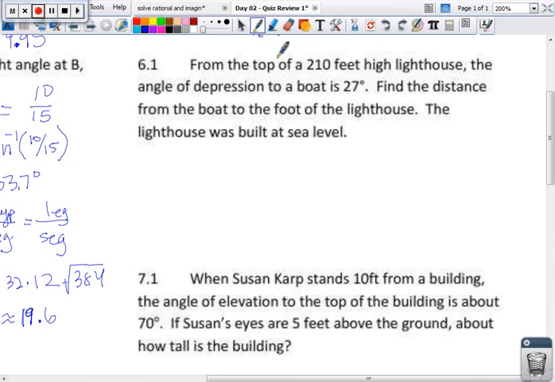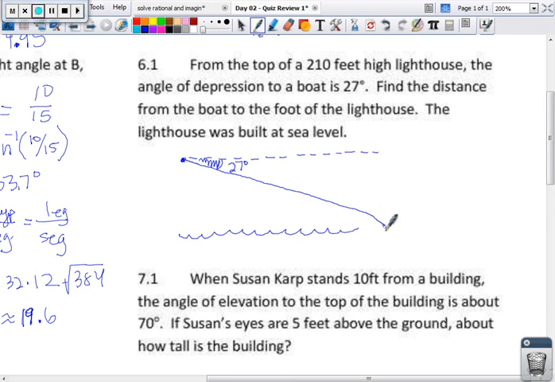From the top of a 210-foot lighthouse, the angle of depression to a boat is 27 degrees. So we are here. Here is your water down there. If this is your horizontal from where you are, your angle of depression down here to the boat is always floating in the sky. 27 degrees, this is your angle of depression.